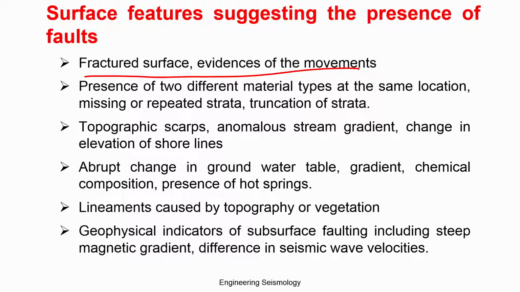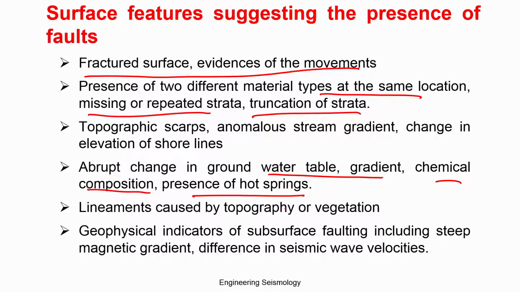Presence of two different material types at the same location is what we have seen: missing, repeated and truncated strata, which indicates that some kind of movement took place over the long term. Topography, scarp, anomaly, stream gradient, changes in the elevation of the shorelines, we will show in the next slide. Abrupt changes in the groundwater table, gradient, chemical composition and presence of hot springs within a short distance.